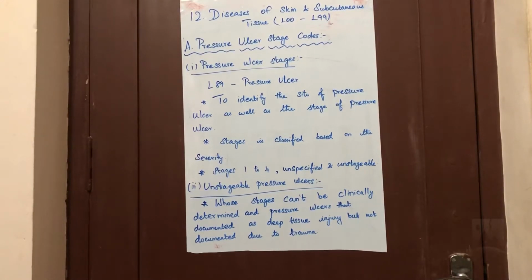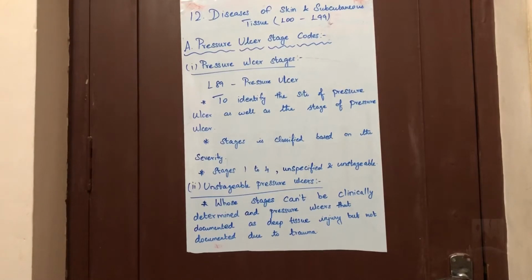The stages are classified based on the severity of the pressure ulcer. If a patient has one or more pressure ulcers at the same site, then we will get confused about which will be coded first.